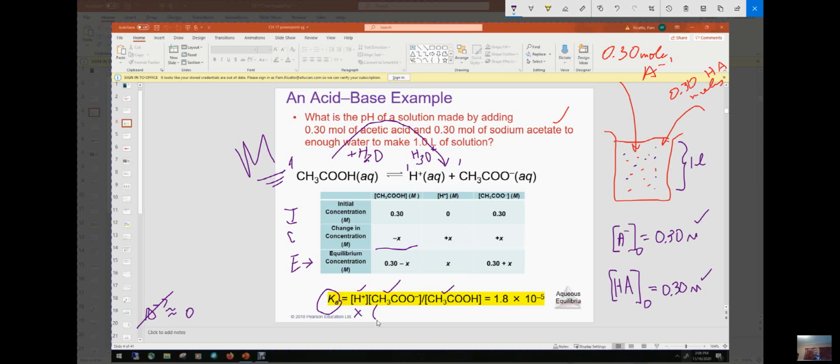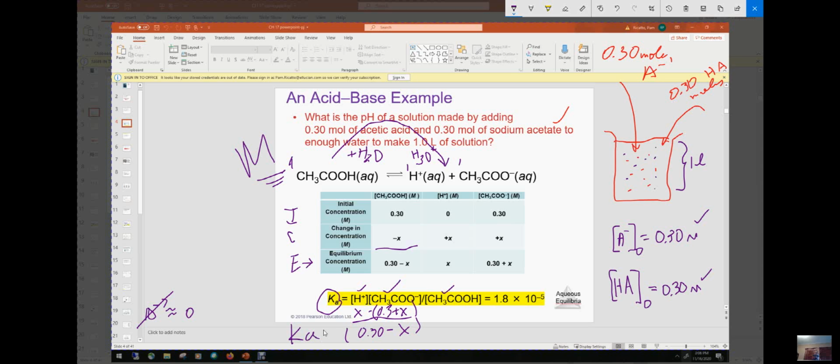This one's going to be 0.3 plus X. And what's in the denominator? Right, this is the denominator: 0.3 minus x. All of that is equal to Ka.